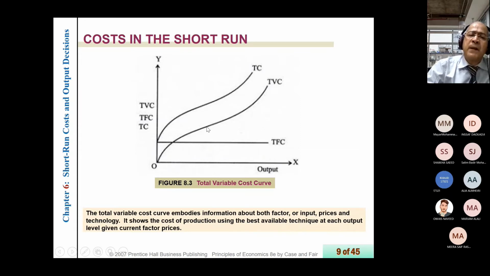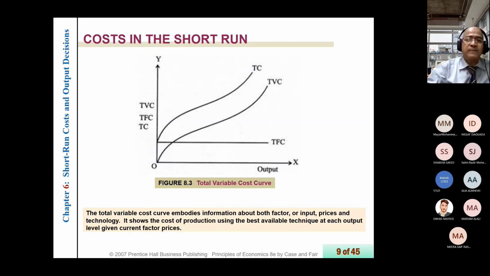If you remember, in this stage, total product increases at an increasing rate, causing total variable cost to increase at a decreasing rate.